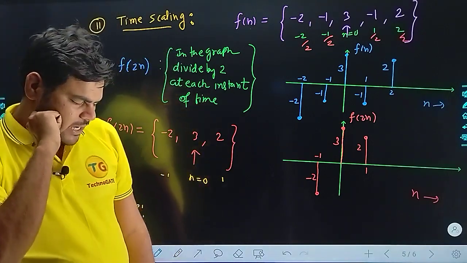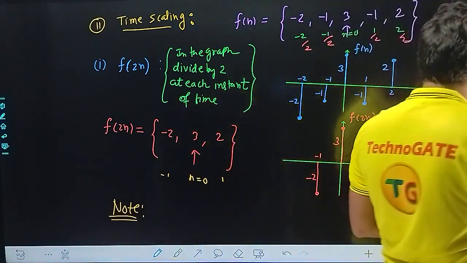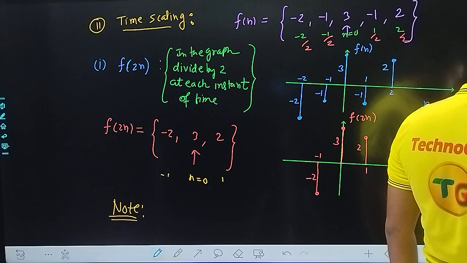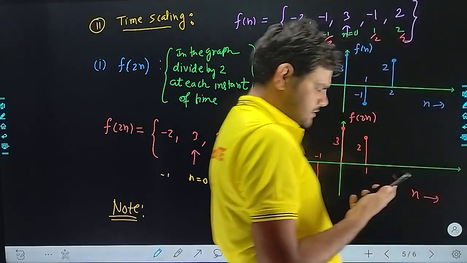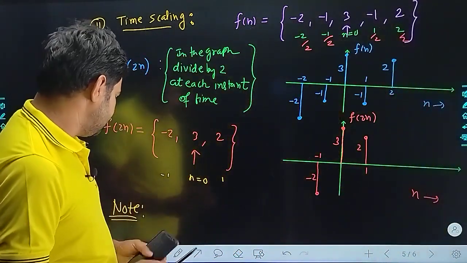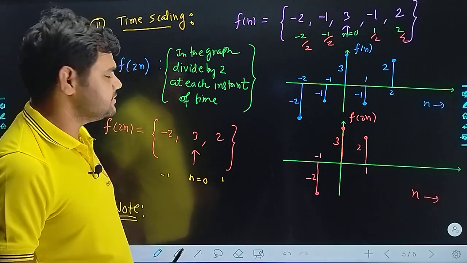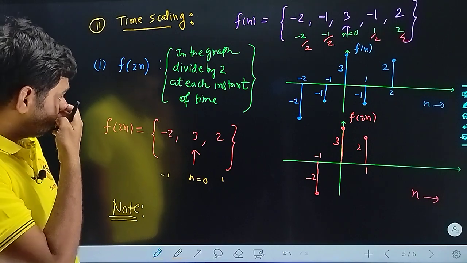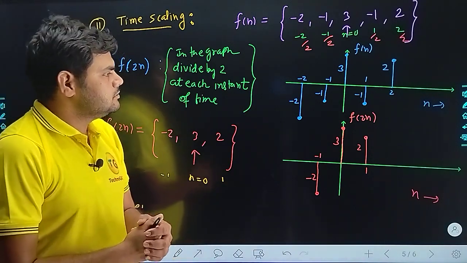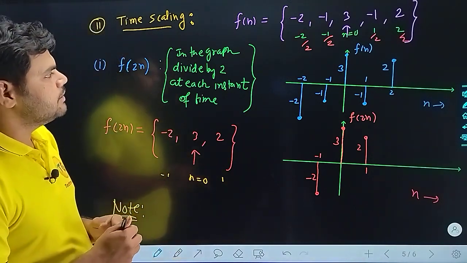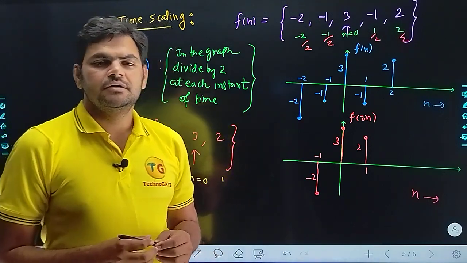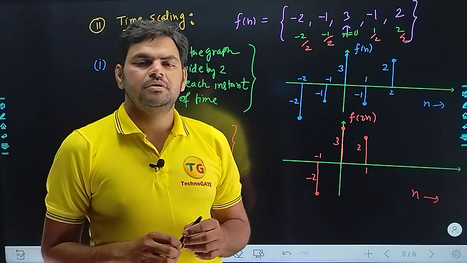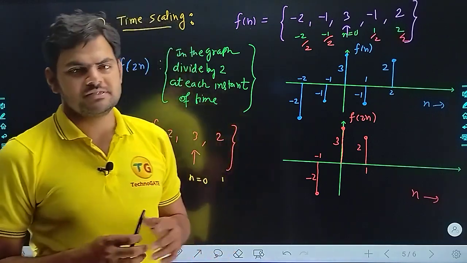While performing time scaling operation, if scaling factor is greater than 1, in this condition, sometimes the number of samples in the time scaled signal is less than the number of samples in the original signal.